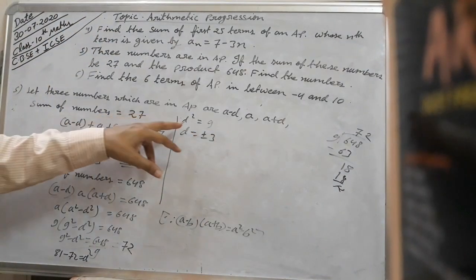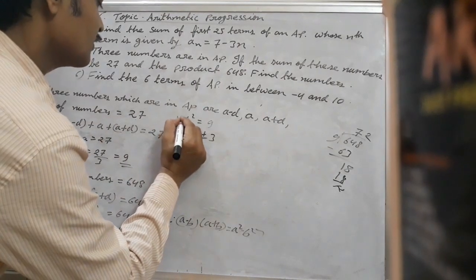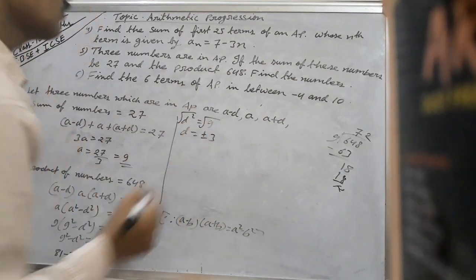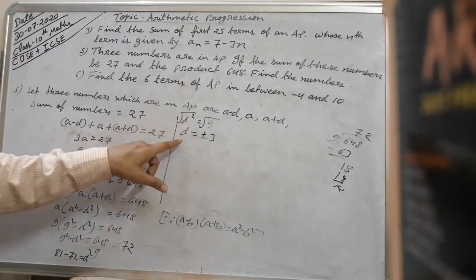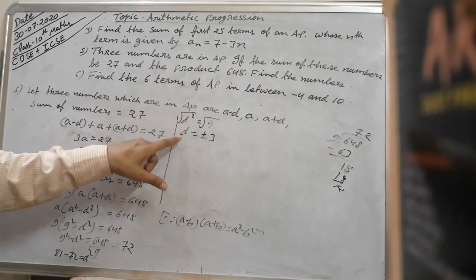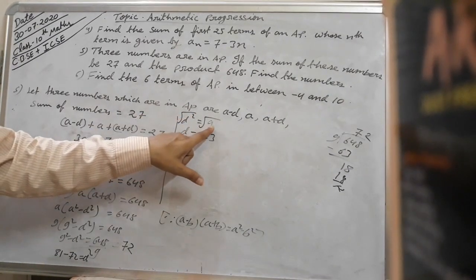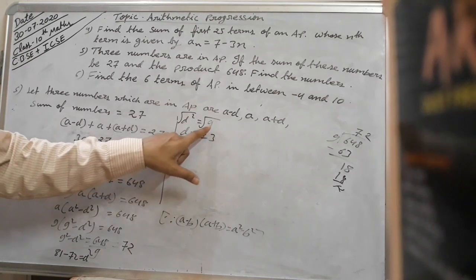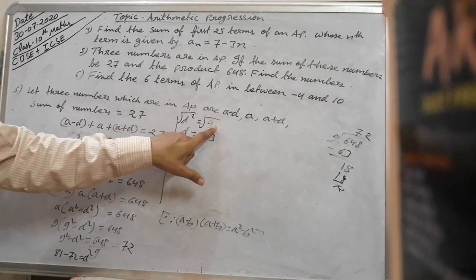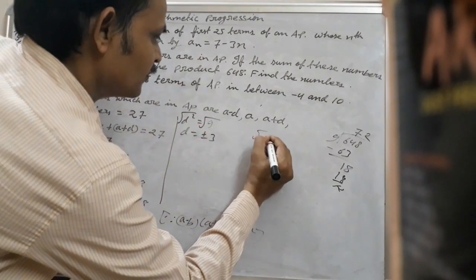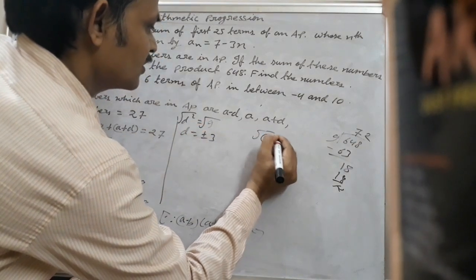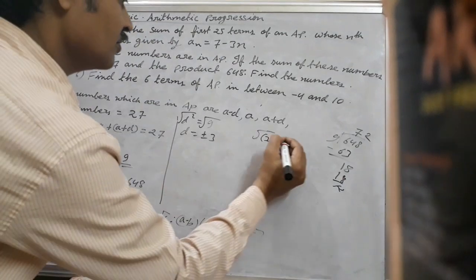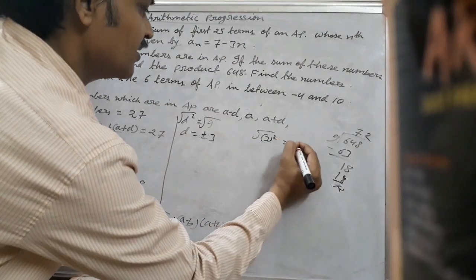Because after taking the square root, D square will become D, the square and square root will be cancelled, and here the square root of 9 is 3. If you take plus 3 square, then the square root cancels and you will get 3.